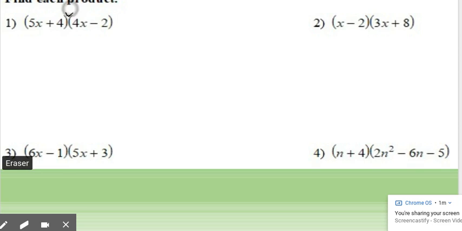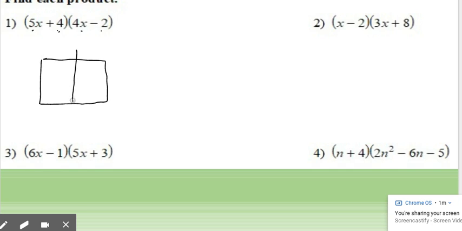So that means we are multiplying. In number 1, there are 2 things multiplied to 2 things. So the way we had learned about this before is we can make a 2 by 2 box. On the side, you're putting one of your binomials, 5x plus 4. And on the top, you're putting your other binomial, 4x minus 2.